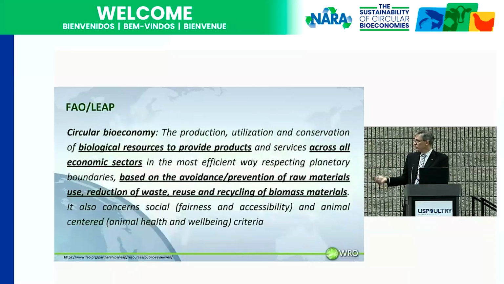So the definition of circular bioeconomy is the production, utilization, and conservation of biological resources to provide products and services across all economic sectors, based on the avoidance and prevention of raw material use, reduction of waste, and reuse and recycling of biomass material. Beautiful.